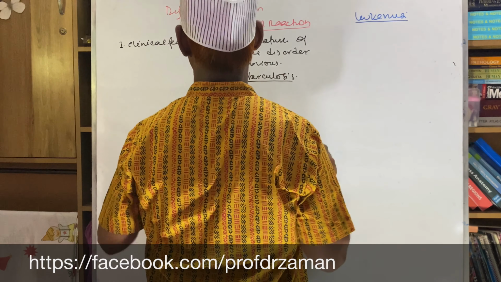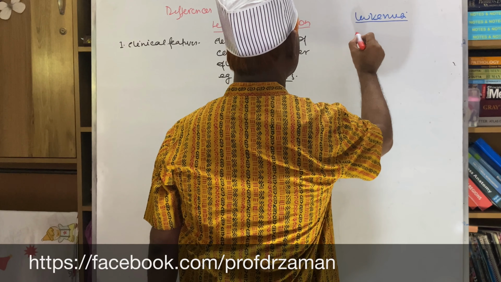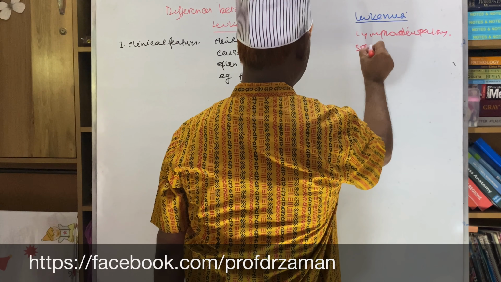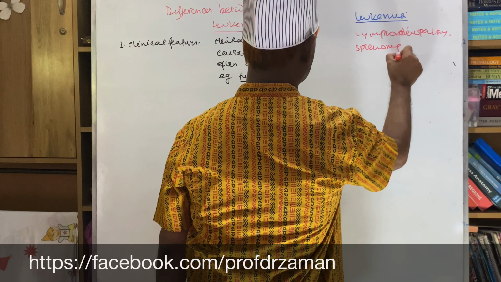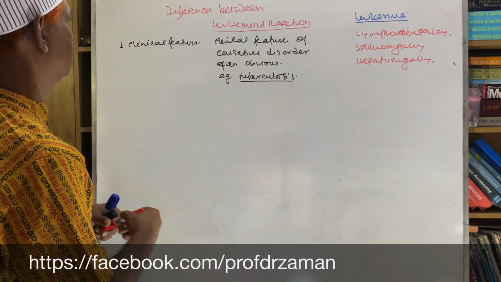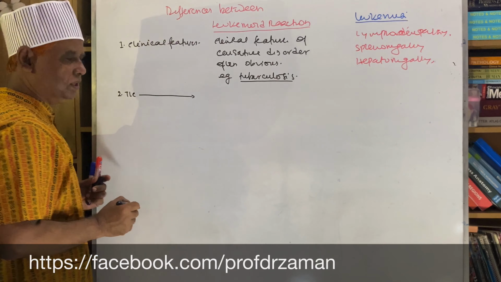Then the clinical features in leukemia may be lymphadenopathy, splenomegaly, hepatomegaly. Then total leukocyte count, TLC.